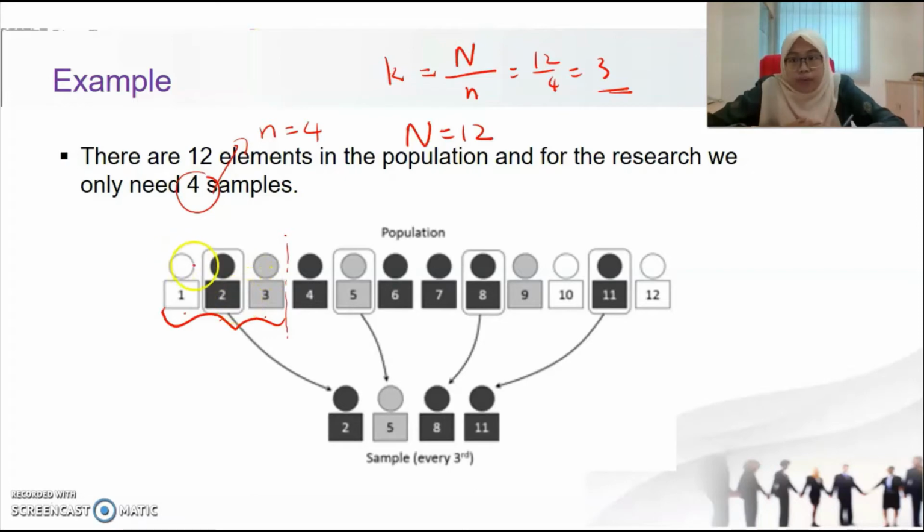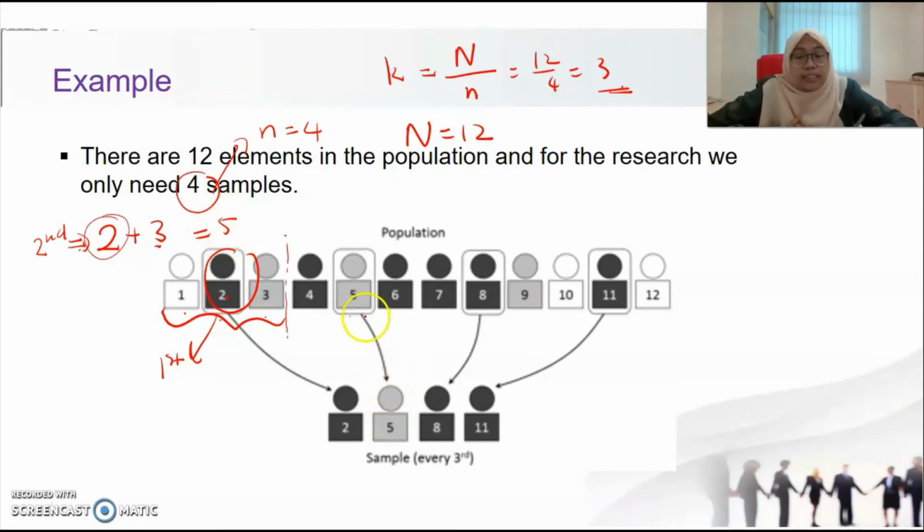For now I pick number 2 as my first sample. For my second sample, because my k is 3, it should be 2 plus 3. 2 here because my first sample is number 2, and 3 because my interval is 3. So 2 plus 3 is 5. So the person with number 5 will be my second sample.